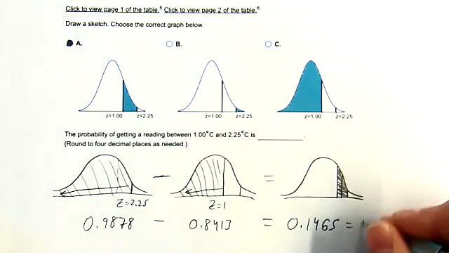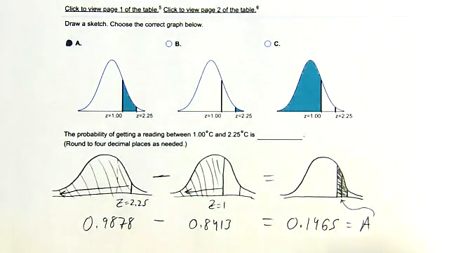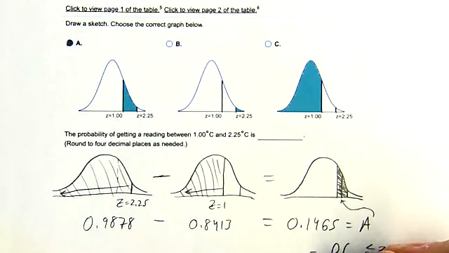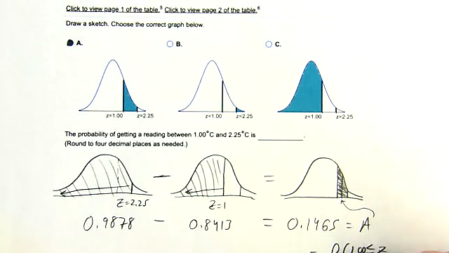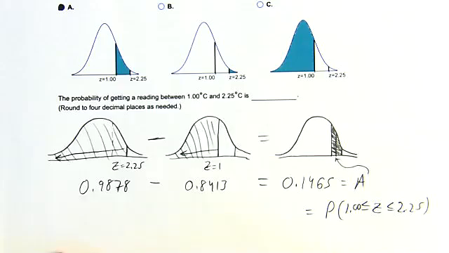And that is equal to the area of this shaded region. It's also equal to the probability that your z value is sandwiched between 1 and 2.25. So all of those statements are equivalent.